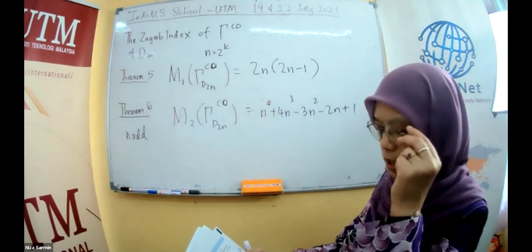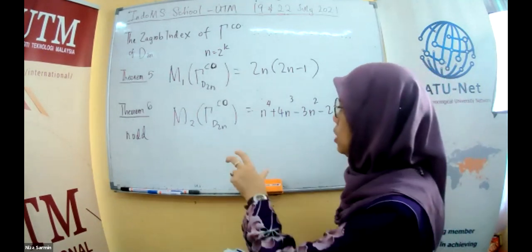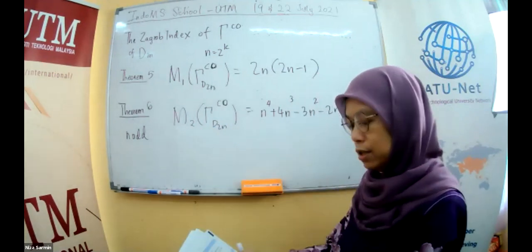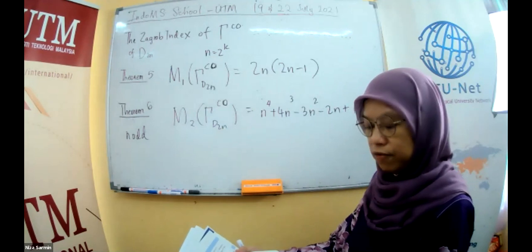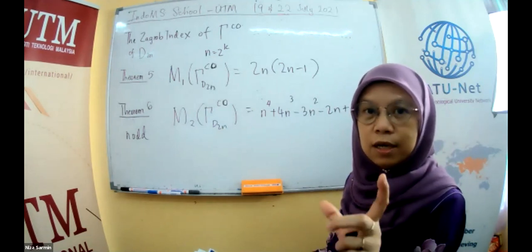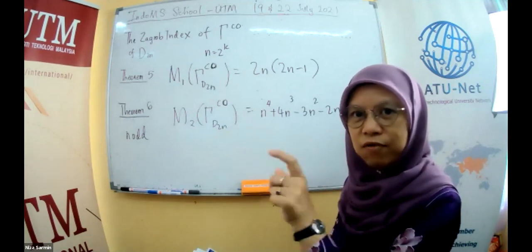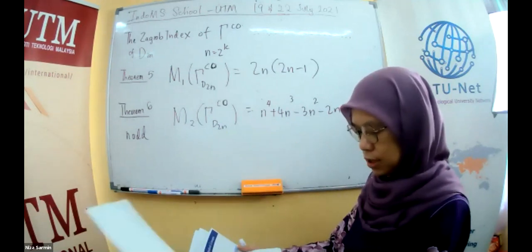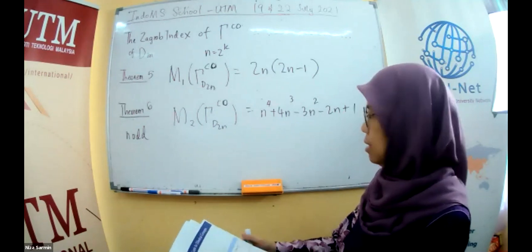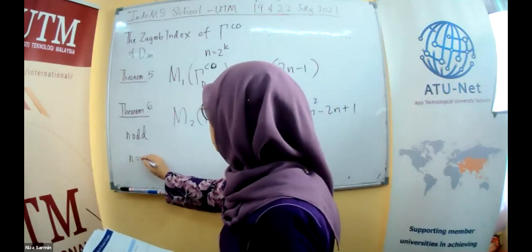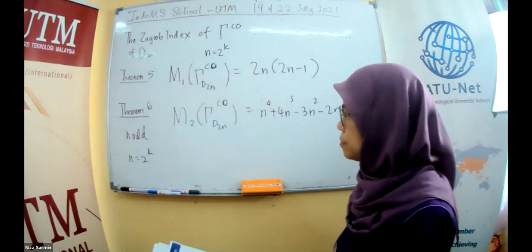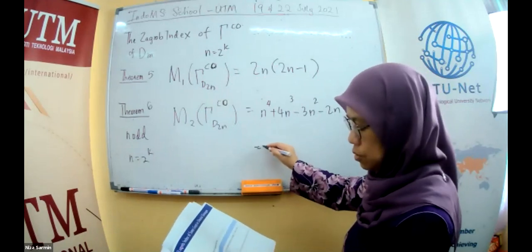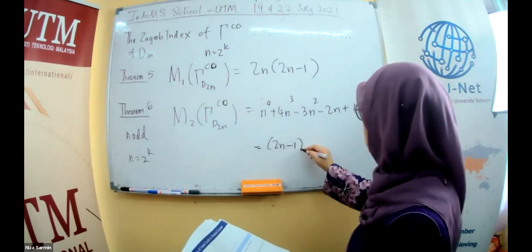And for this proof, because we are looking at all kinds of edges, you have to look at the edges of the graph, and then you find the degrees of the vertices for each edge, and then you multiply, and then you sum up. So these all involve the n. When n is 2 to the k, for this one, it's equal to 2n minus 1 squared.